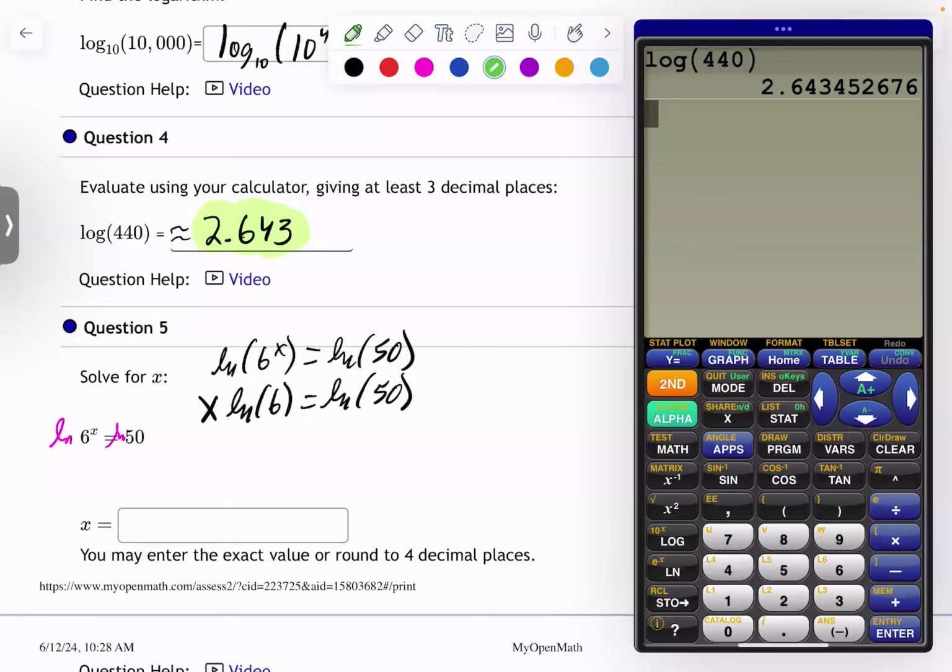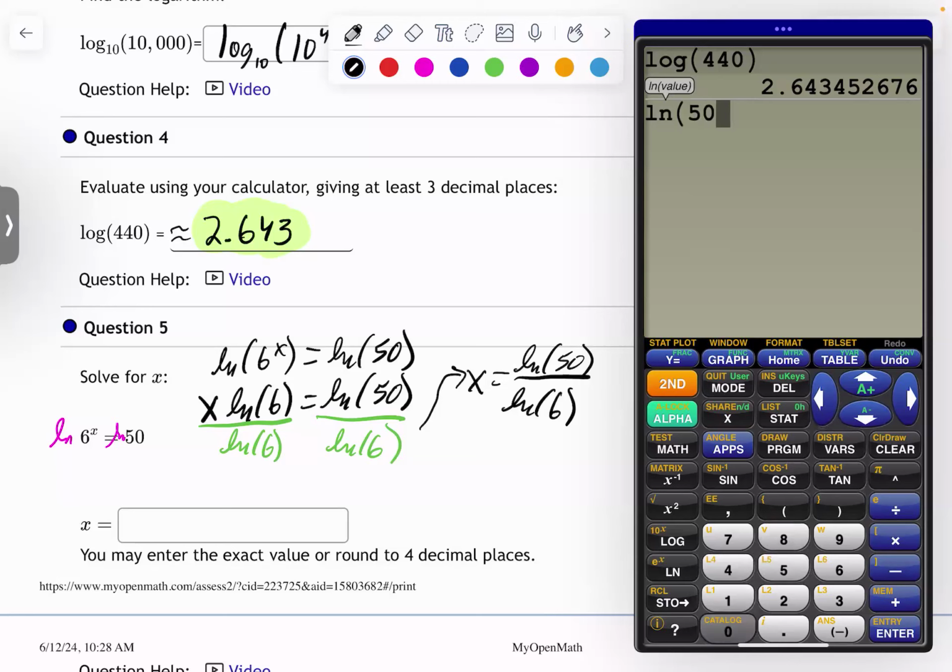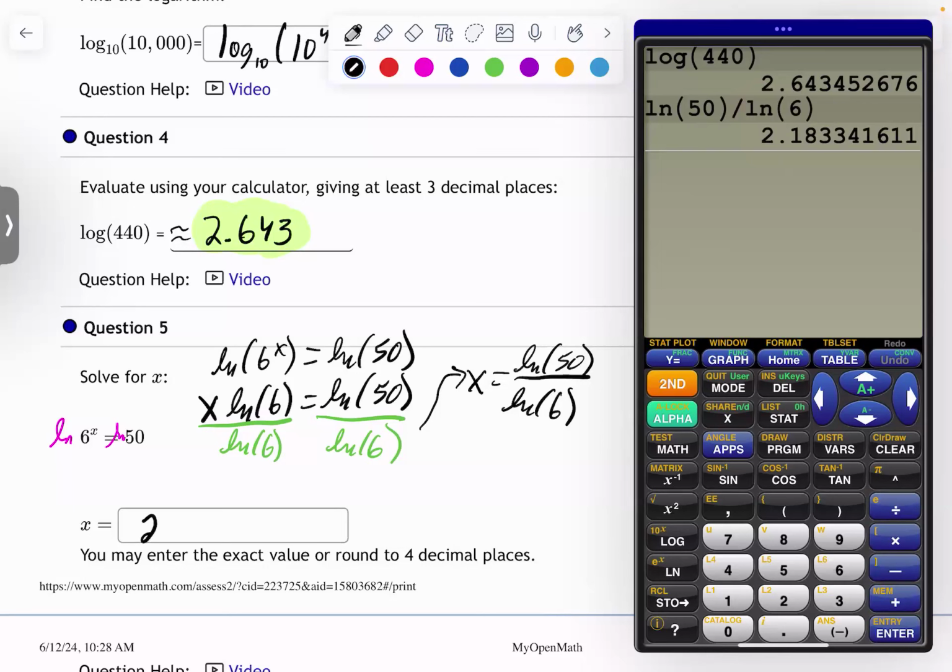And now I want to solve for x by dividing both sides by natural log of 6. So I'll bring this over here. I'm going to get that x equals natural log of 50 divided by the natural log of 6. This is going to be about 2.1833.